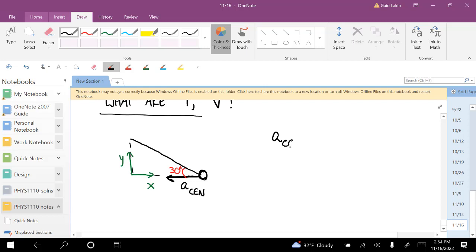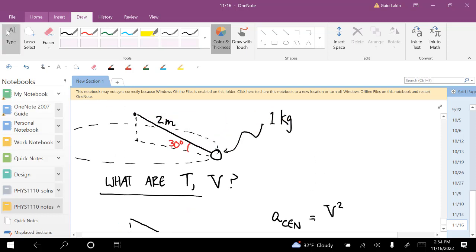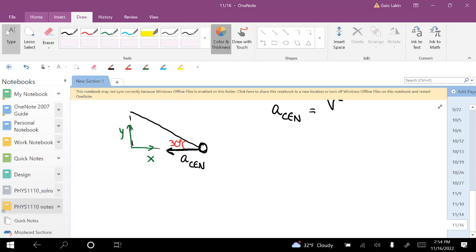The magnitude of that centripetal acceleration is v squared divided by the radius. What's the radius of this circle? On these, you have to be a little careful. The radius is actually this.